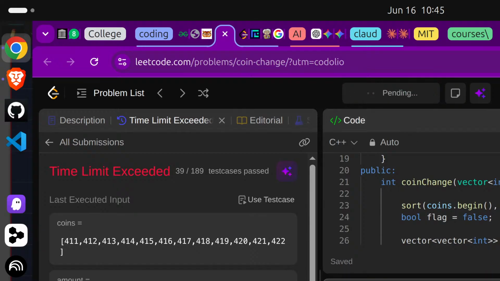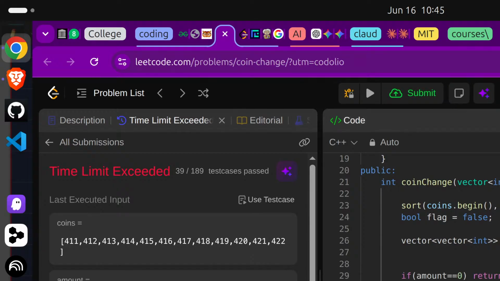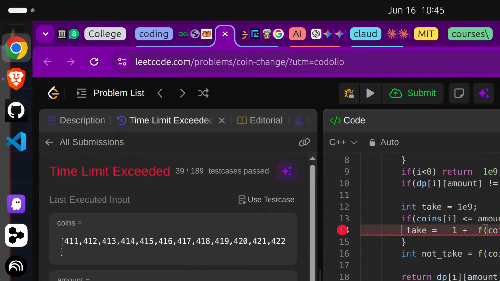Can we find this? Okay, we have to go dp like this, we have to call dp here also. Okay, n plus 1, what is n plus 1, guys?